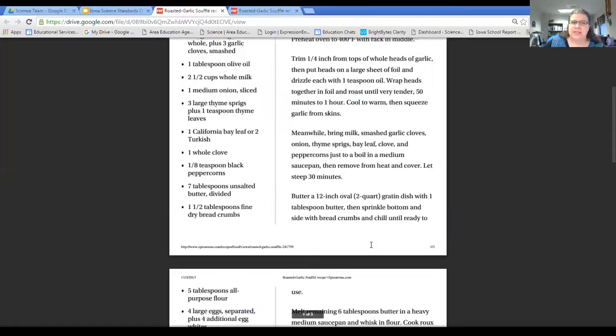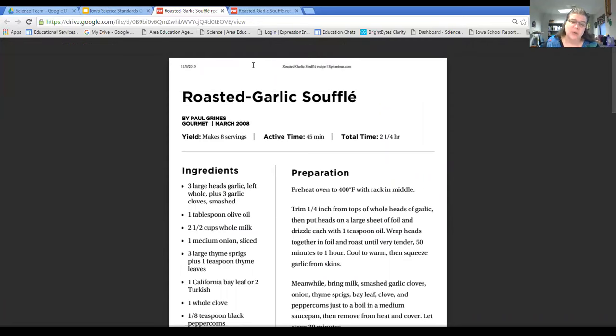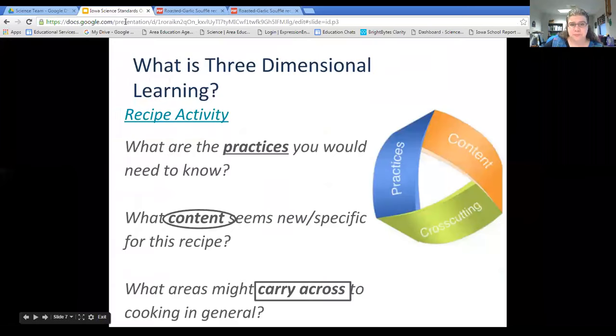So in this recipe, those are the 3 cross-cutting areas: the practices, the doing, the content, the things that we would need to know, and the cross-cutting concepts, those ideas or themes that really would carry across to all types of cooking, not just this gourmet recipe, but any recipe or the vast majority of recipes.